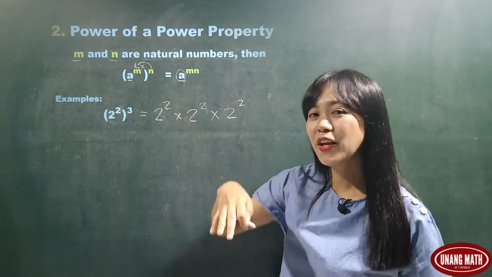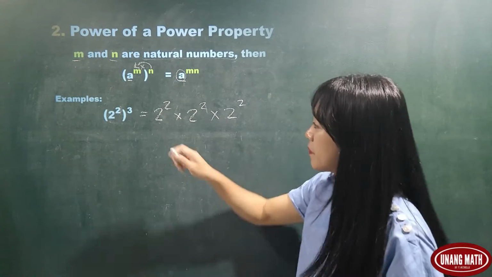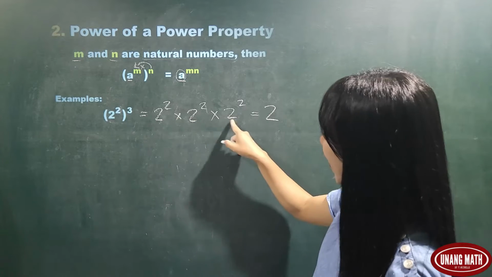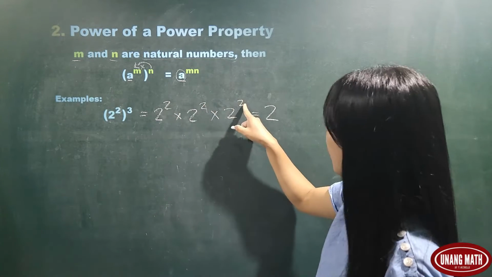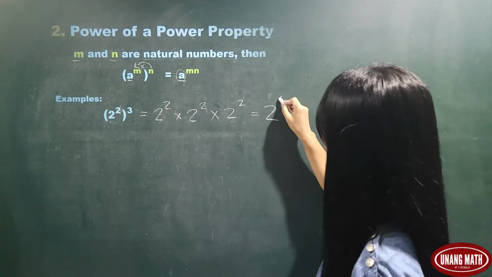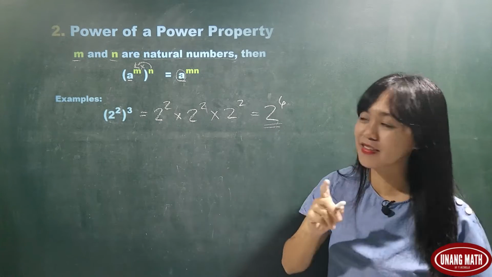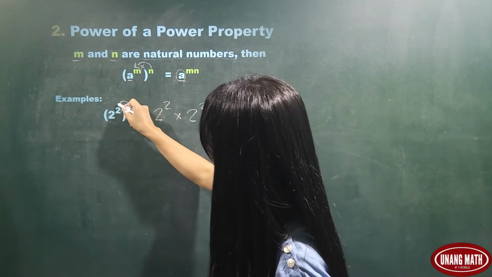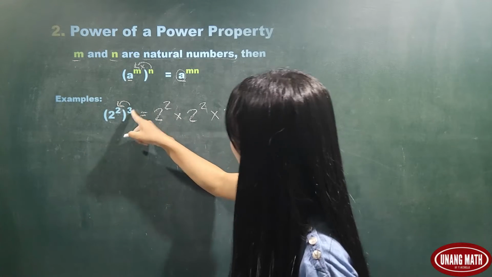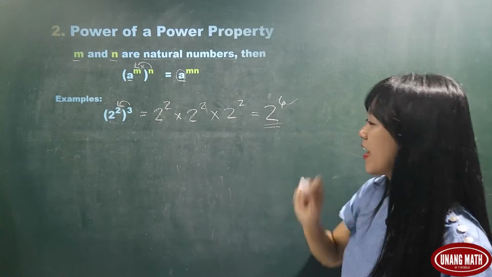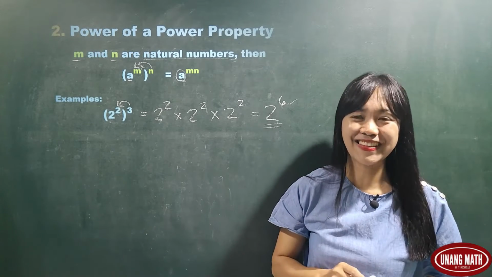Okay, according to our first rule, same bases, so we will just copy 2. And we have to add the exponents. So 2 plus 2 plus 2, 6. So this is equal to 2 raised to the power of 6. Okay, multiply the exponents. 2 times 3, 6. So this is equal to 2 raised to the power of 6.